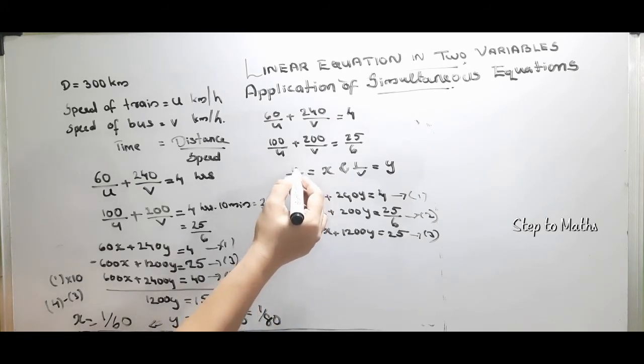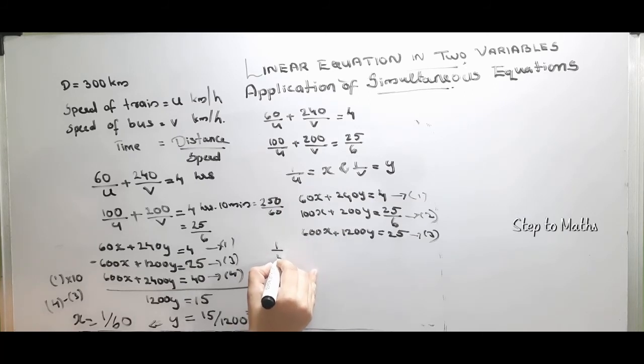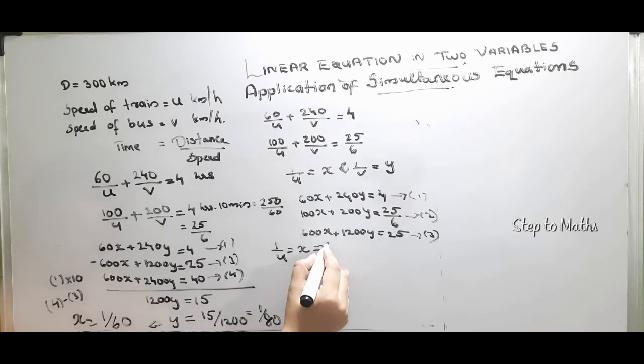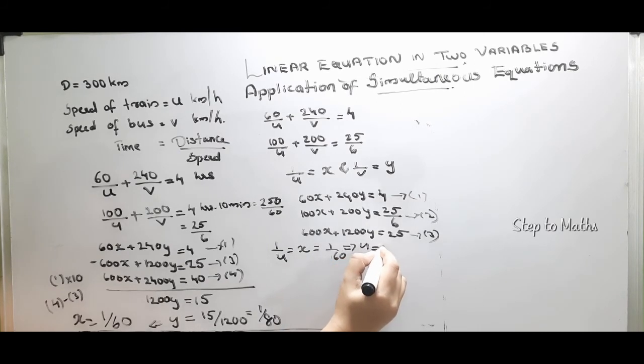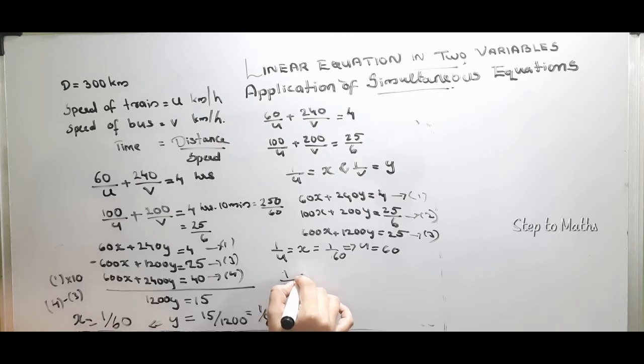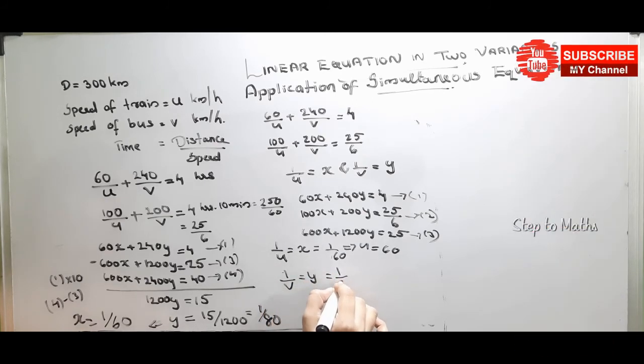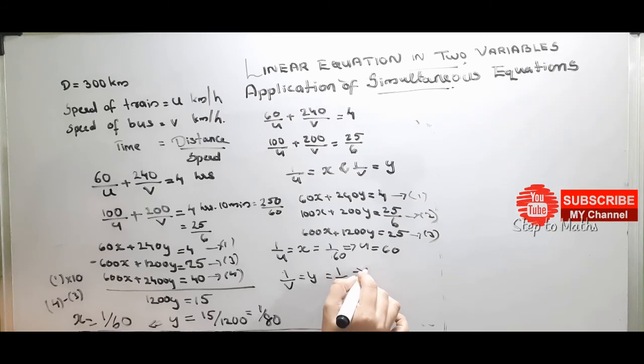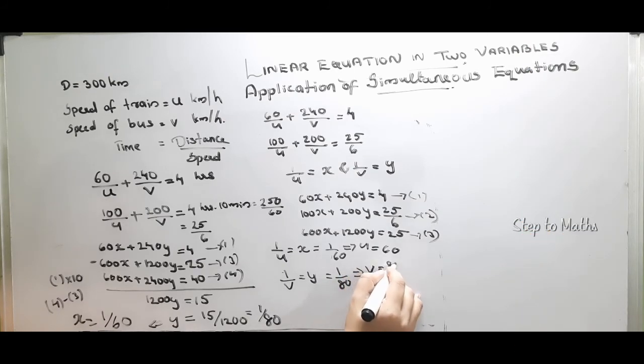And our substitution is 1 by u is equal to x, that implies 1 by u is 1 by 60, that implies u equal to 60. And our second substitution is 1 by v is equal to y equal to 1 by 80, that implies v equal to 80.